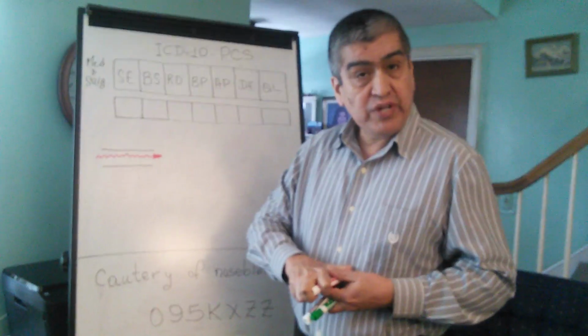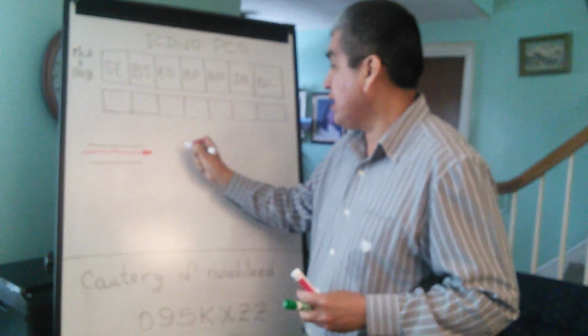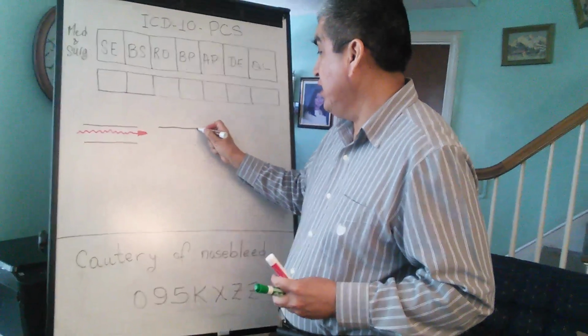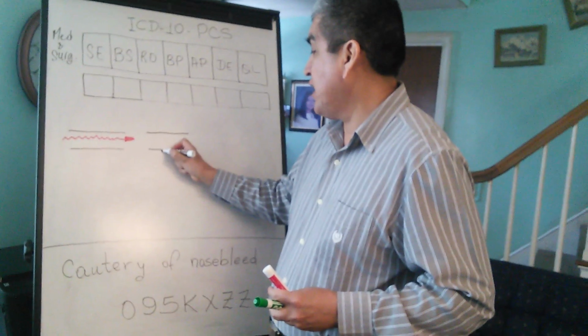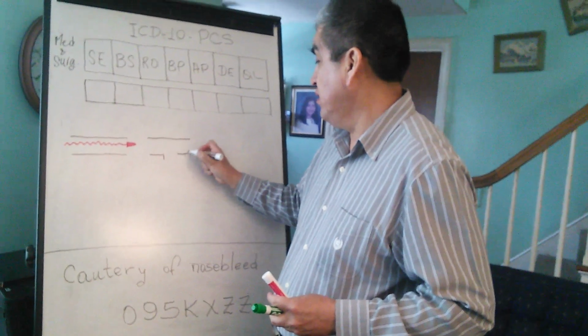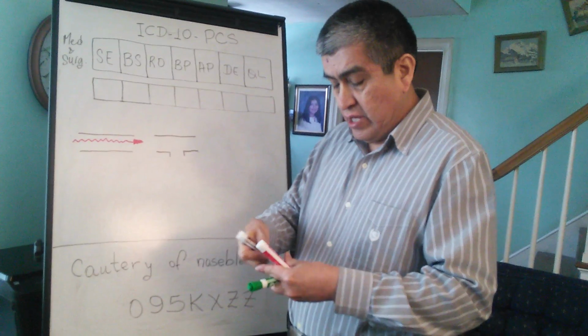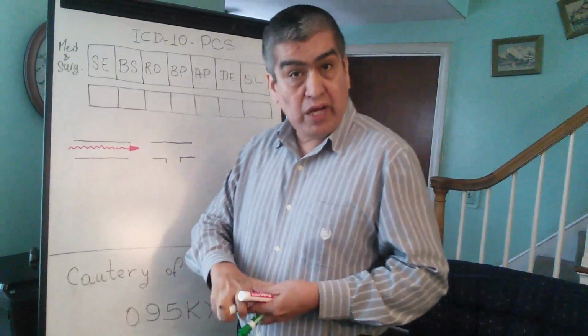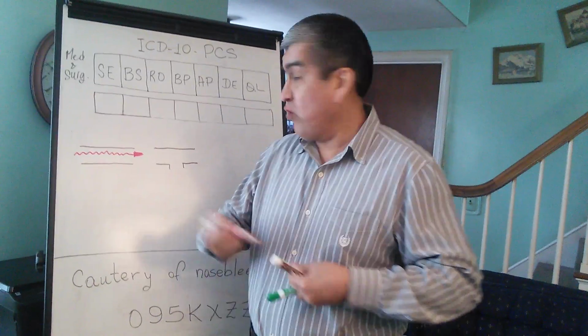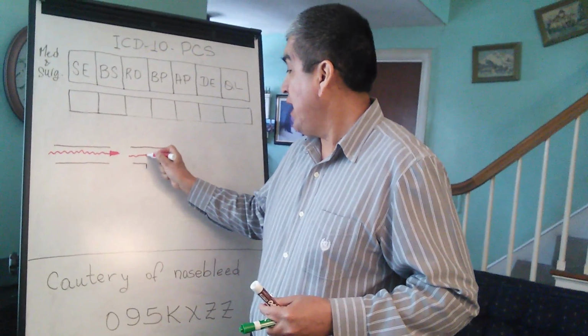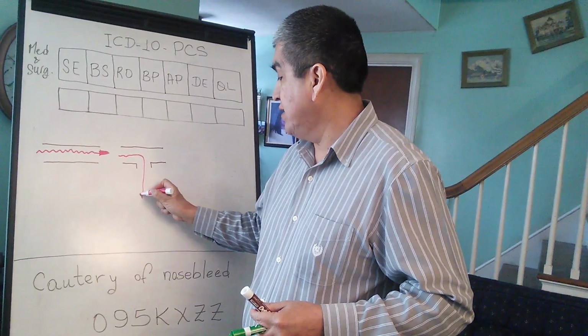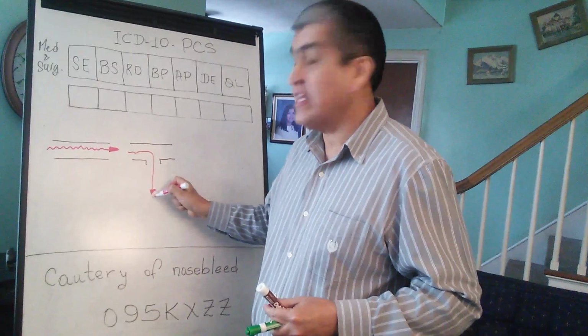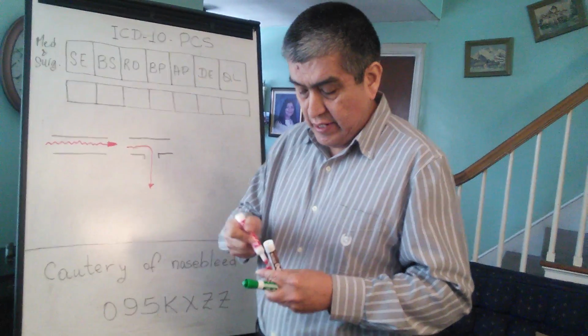Now, for some reason, the vein or artery here gets a hole in it, so the blood, when it flows, comes out of the body like that. And this is what causes the nosebleed.